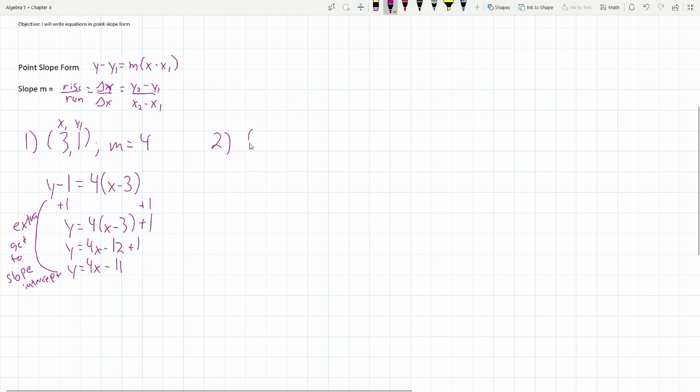So if I'm given (2, 7), and I'm told m equals -3, whenever I plug this in, I'm going to get y minus, this is my x1, this is my y1, y minus 7 equals -3, and then parentheses, x minus 2.